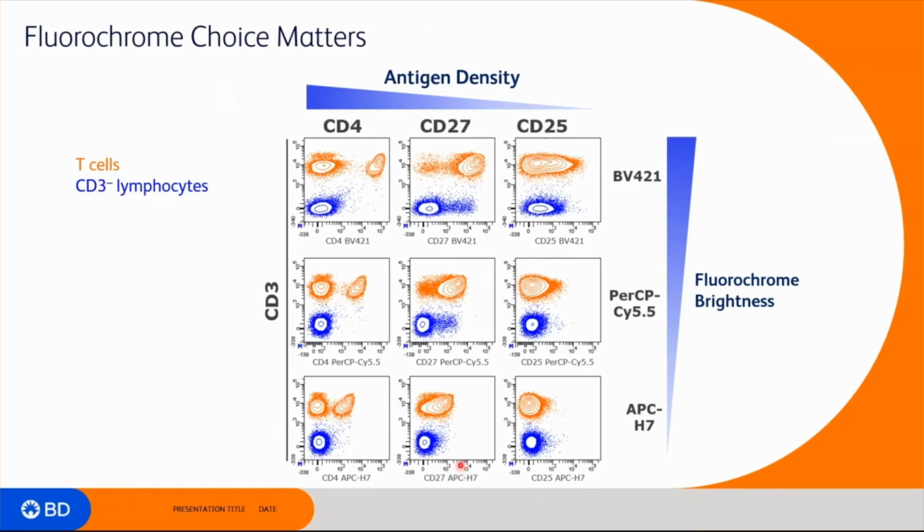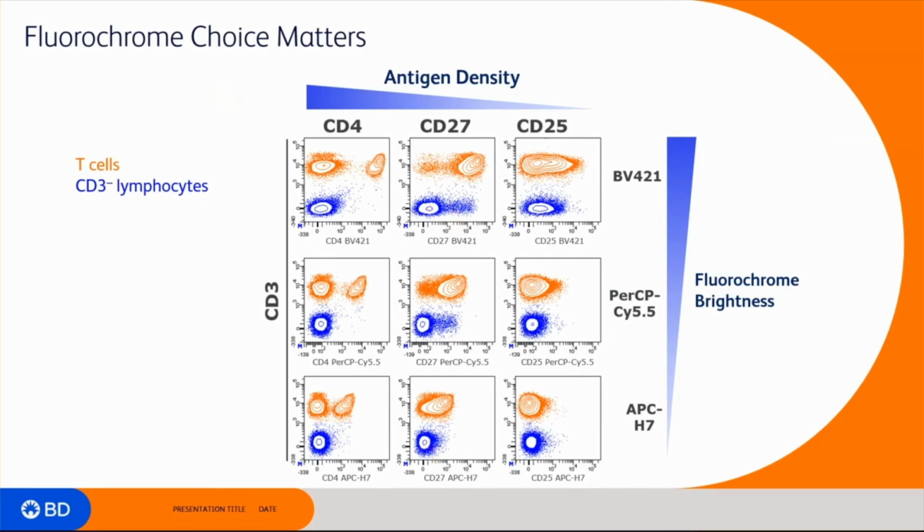That double positive population becomes more resolved with PerCP-Cy5.5. And when we look at the bright fluorochrome like BV421, not only can we see the double positive population, we can also see the single positive populations that are clearly more resolved.